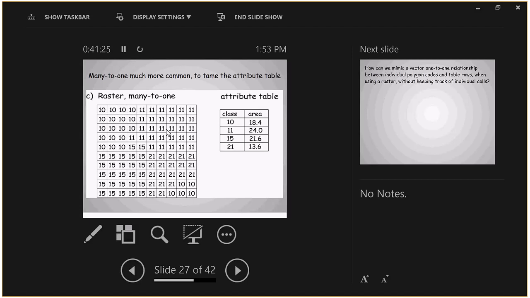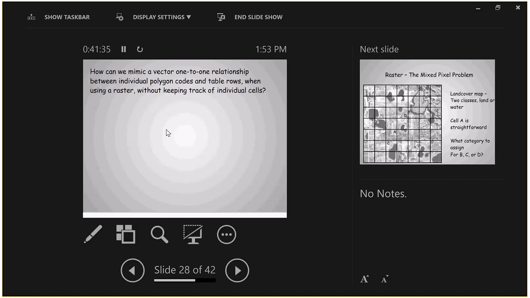Those get represented very well in a raster data model, and they wouldn't even really be necessary to have an attribute table, because there'd be a unique value almost every single place. The elevation everywhere changes just a little bit.